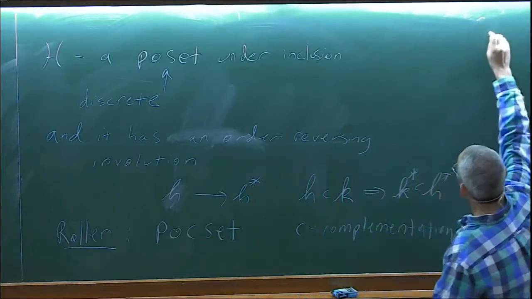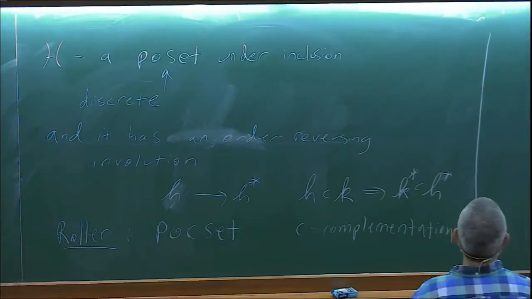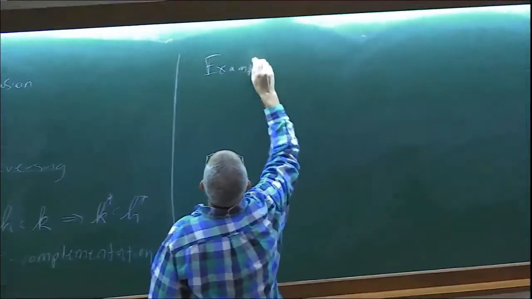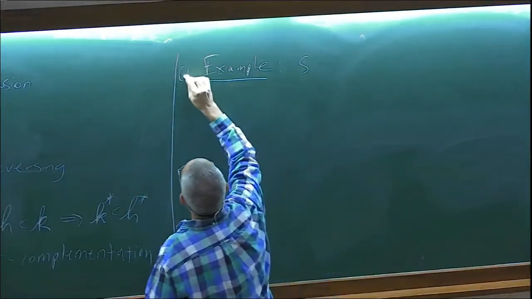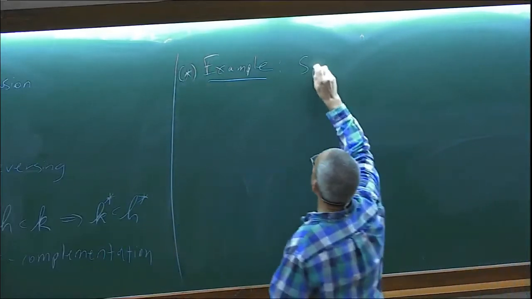So the collection of half spaces is, and anytime, and this is sort of the example, right? A space with walls.